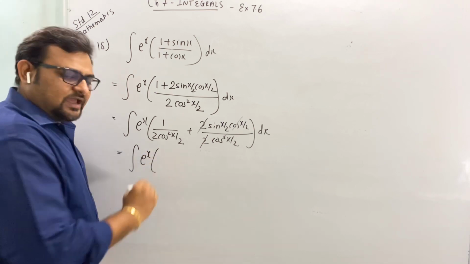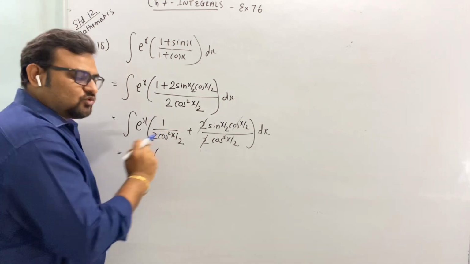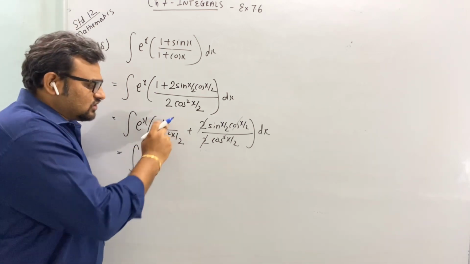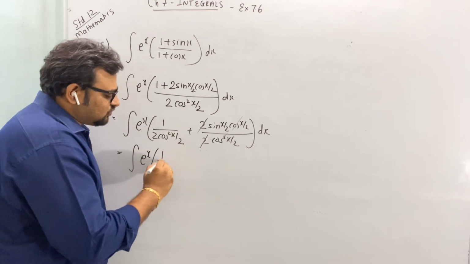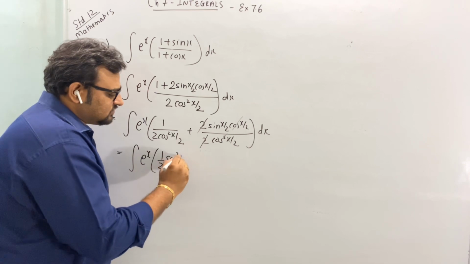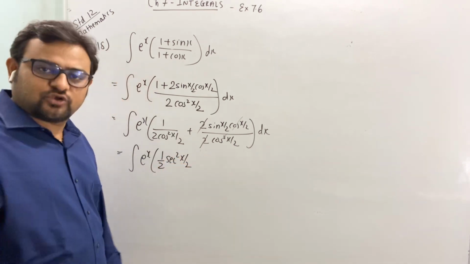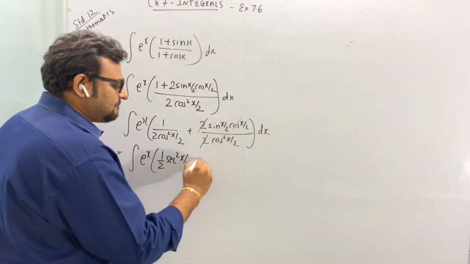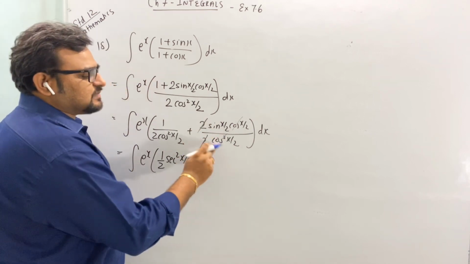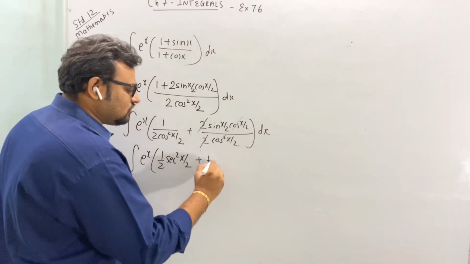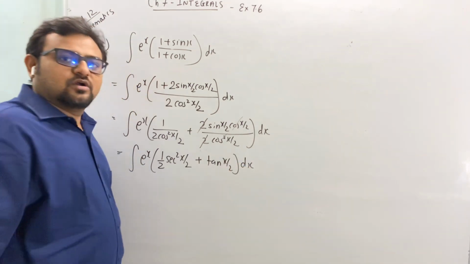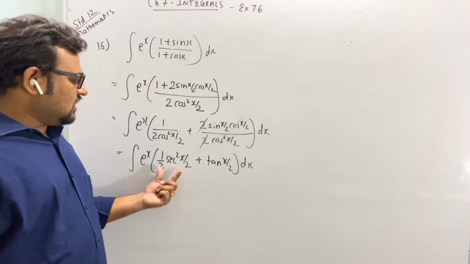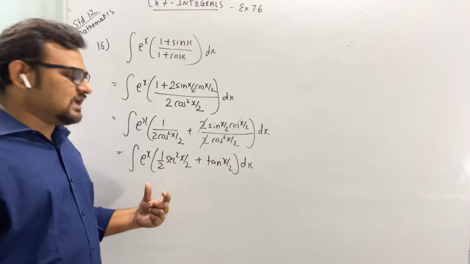E raised to x. Now 1 by 2 cos square x by 2, 1 by cos square is sec square. So it's 1 by 2 sec square x by 2 plus sin x by 2 upon cos x by 2, that is tan x by 2, dx. So now one we will take f(x), another f'(x).